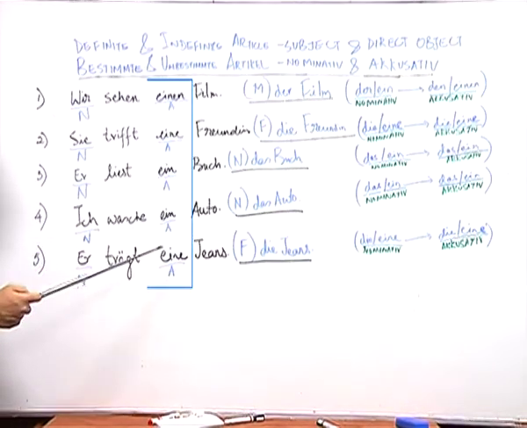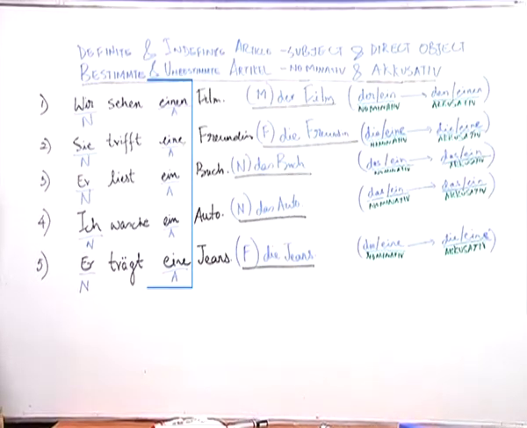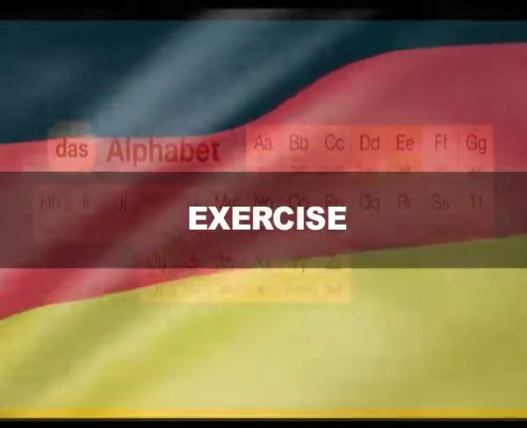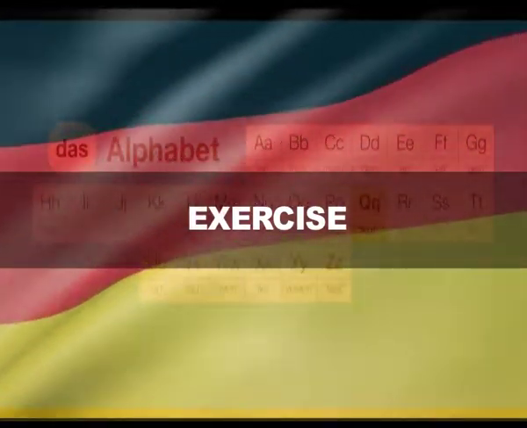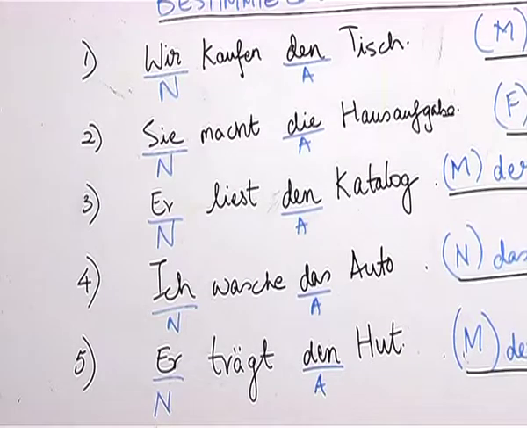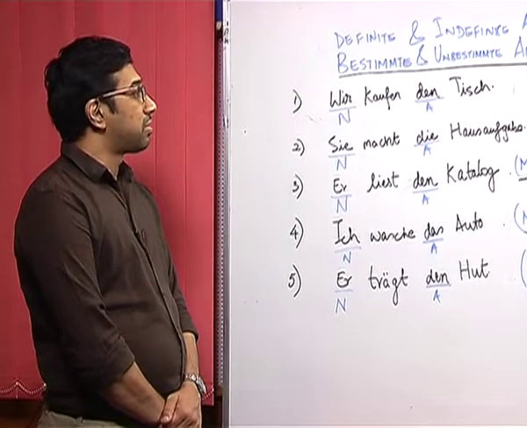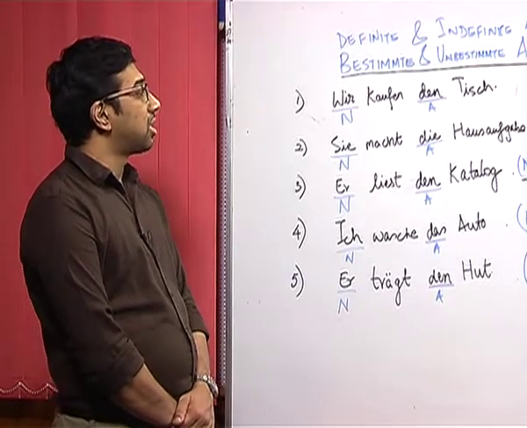In the next part, we would look at some other examples where the definite article is used in the accusative case. Now, through certain examples, we would see the transformation of the definite article here in accusative.